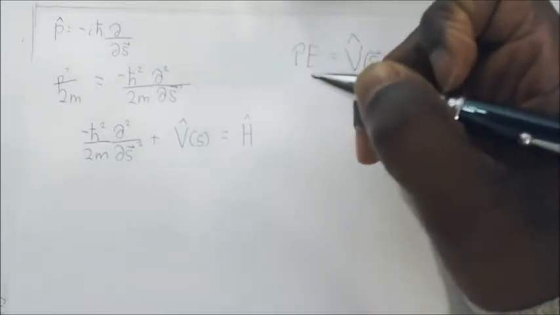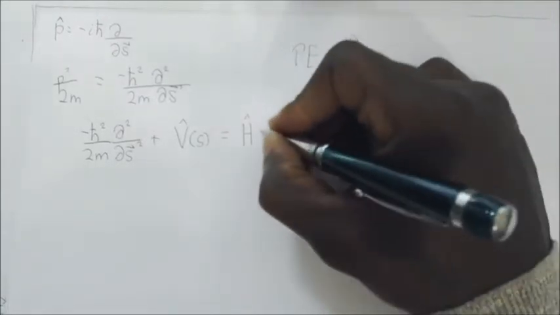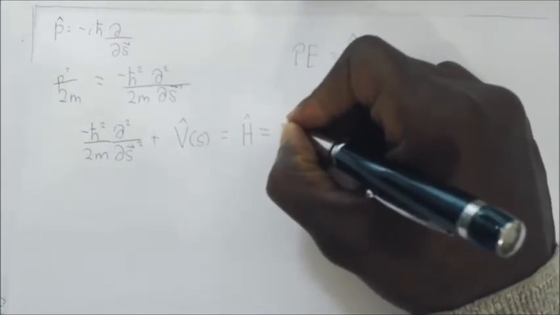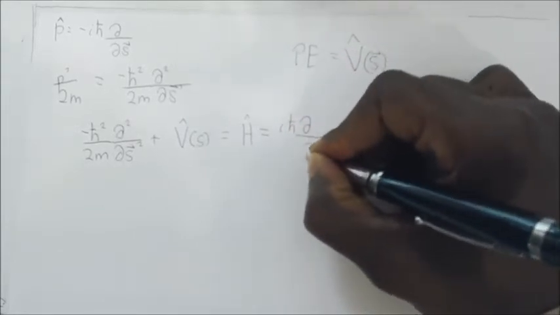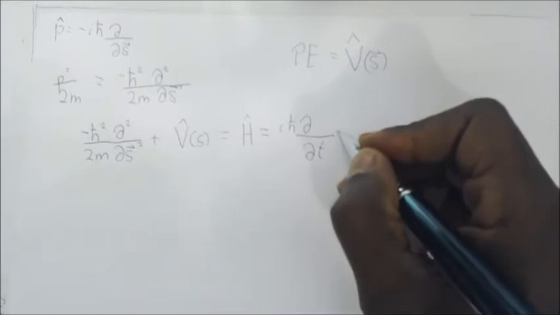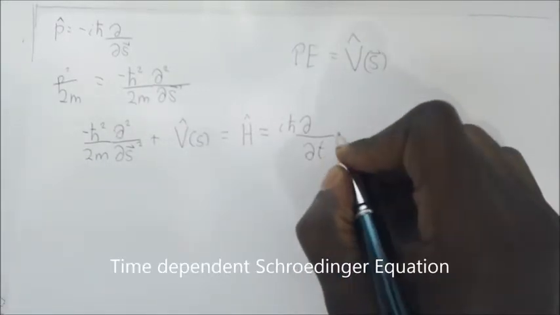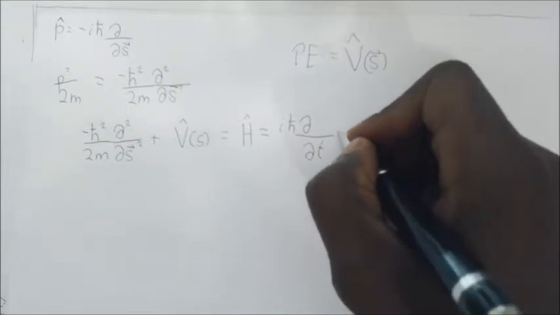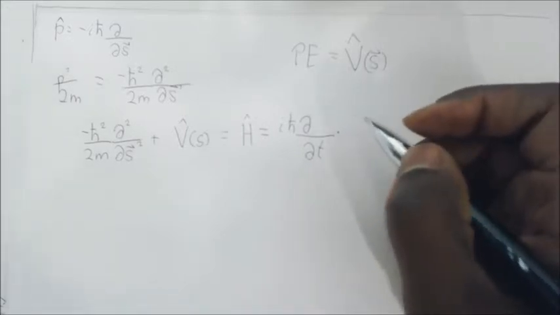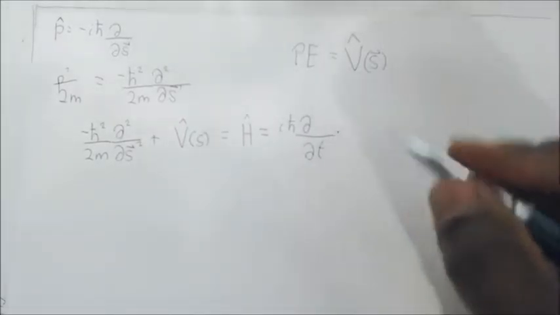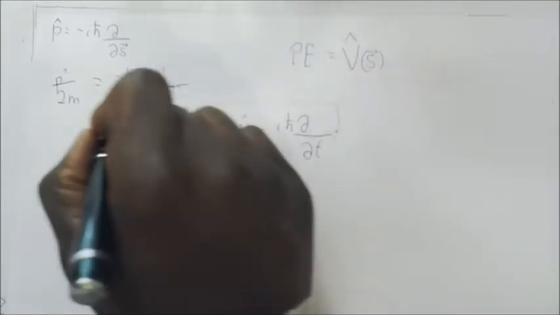And since the Hamiltonian is equal to i h bar d by dt, that's essentially the time independent Schrodinger equation. Now, if we want the time dependent Schrodinger equation, actually, this is the time dependent Schrodinger equation.